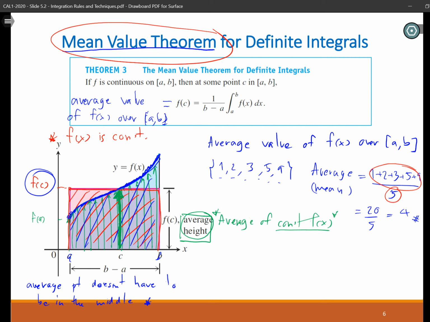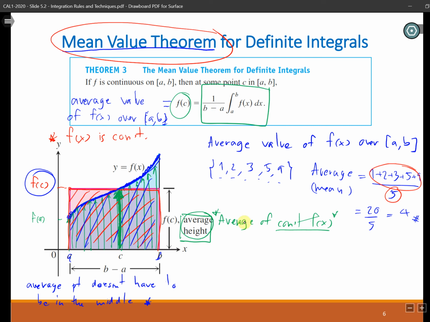So basically this is like using the formula for the mean value theorem directly. If you want to find the average, just find f(c) by using this formula.